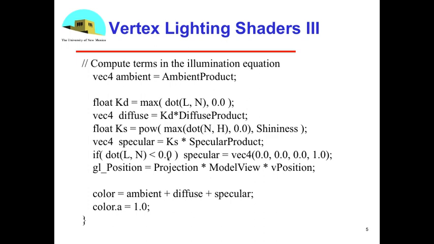Again, I want to check whether the surface is not pointing back, whether this is a component that's pointing towards me, not away from me. And if that turns out to be negative, this same dot product, I just set that specular component to 0. I compute the position in clip coordinates as usual as the product of the projection matrix, the model view matrix, times the incoming position.